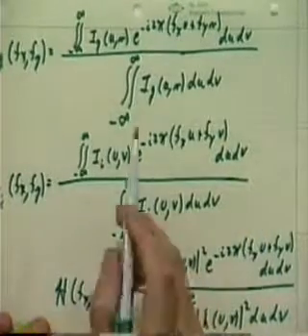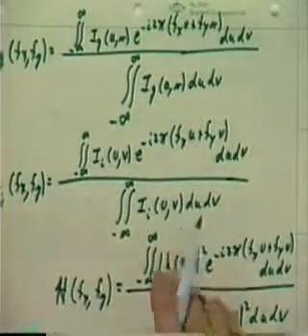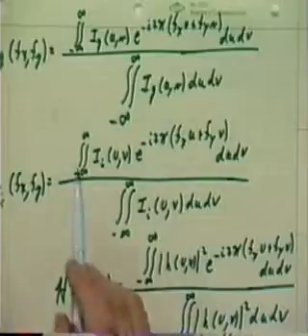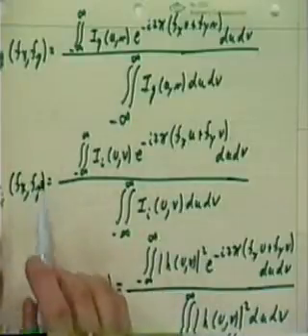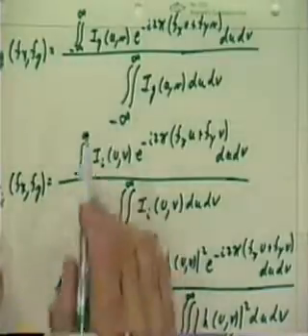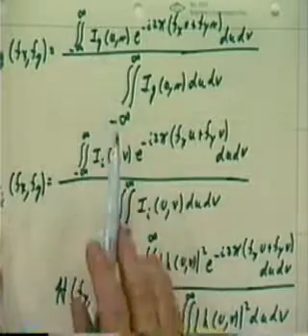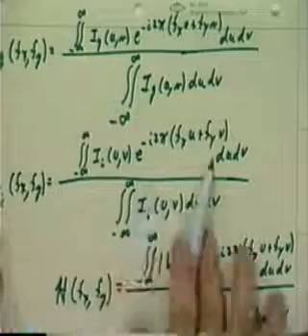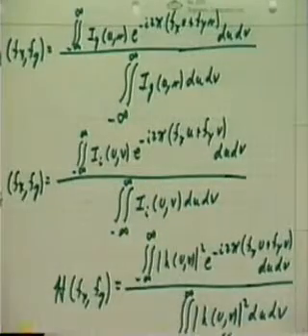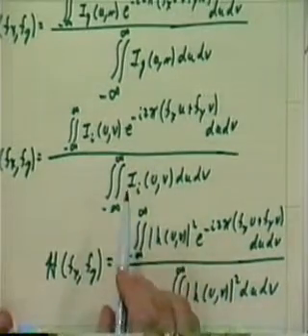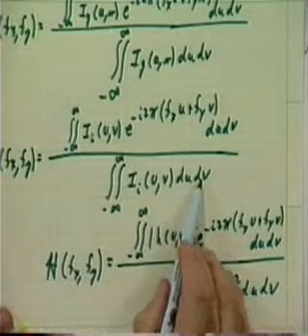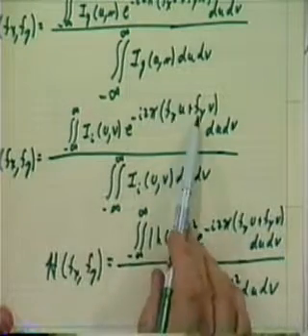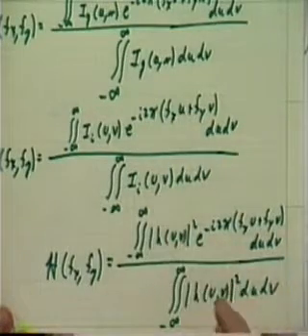So that's the spatial frequency content of the perfect geometrical image. Now the spatial frequency content of the image we actually get is the same result, except the I sub g is replaced with an I sub I. And we have this integral here that we saw last class. So again, we normalize it, so this is equal to 1 at zero spatial frequencies.